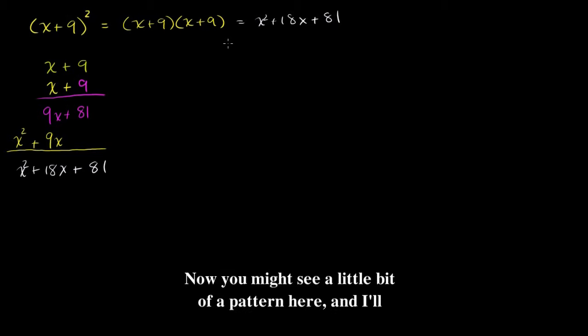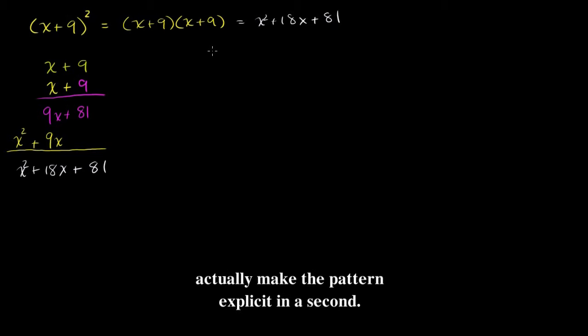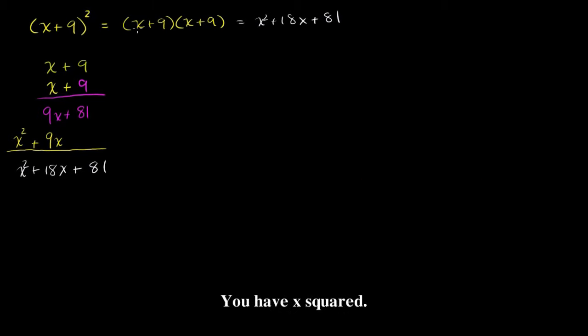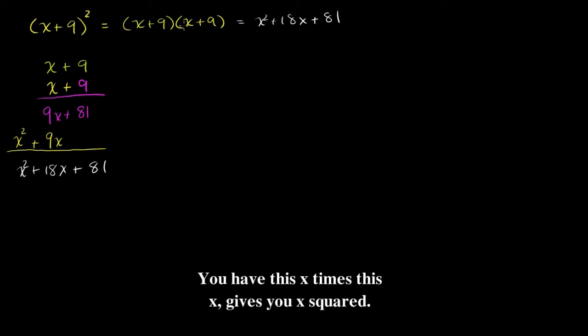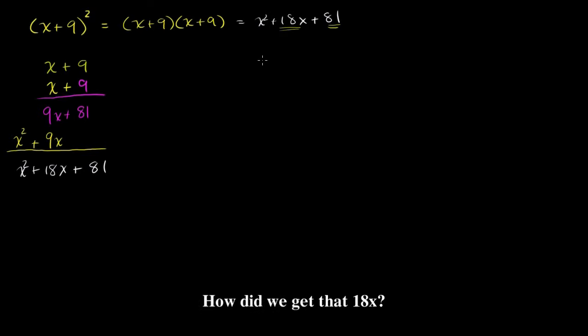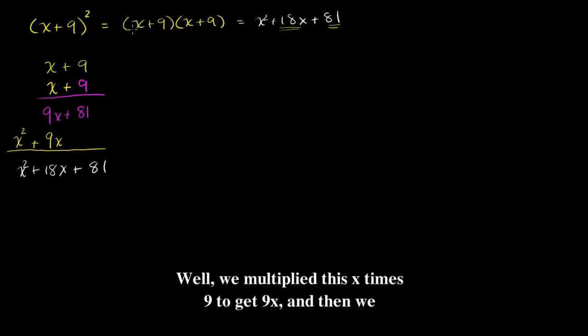Now you might see a little bit of a pattern here, and I'll make the pattern explicit in a second. When you square a binomial, what happened? You have this x times this x gives you x squared. You have the 9 times the 9, which is 81. And then you have this term here, which is 18x. How did we get that 18x? Well, we multiplied this x times 9 to get 9x.